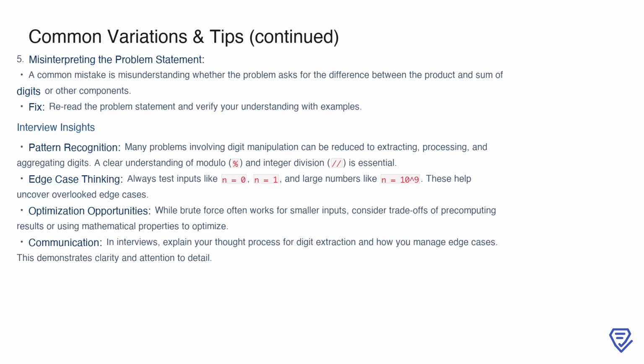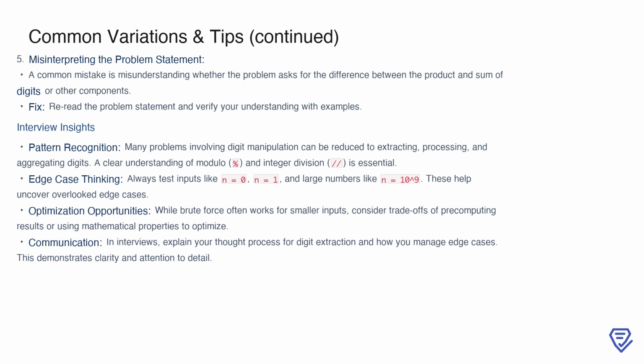From an interview perspective, this problem also teaches key lessons. Pattern recognition is crucial. Digit manipulation tasks often boil down to extracting, processing, and aggregating digits using modulo and integer division. You should also consider edge case inputs like n=0, n=1, or very large numbers to ensure you haven't missed any special scenarios.